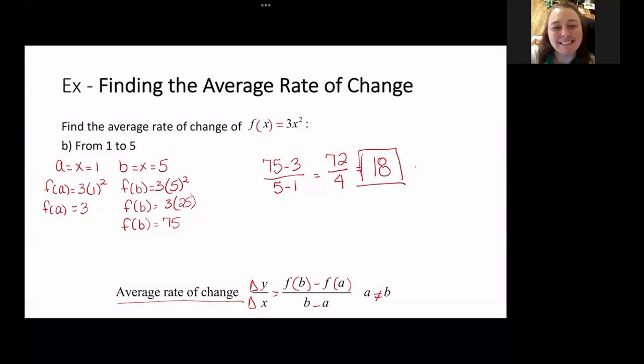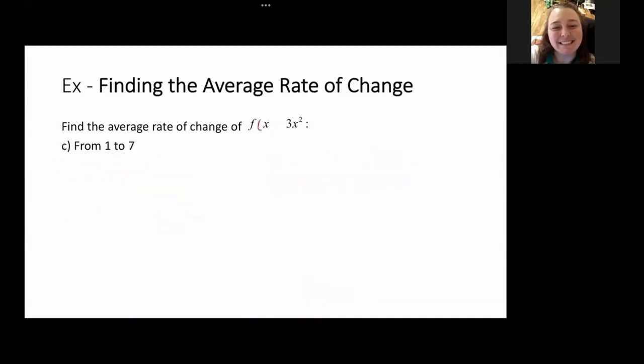Okay, let's do one last one. We've got the same f of x over the interval from 1 to 7. We've got delta y over delta x. a cannot equal b.